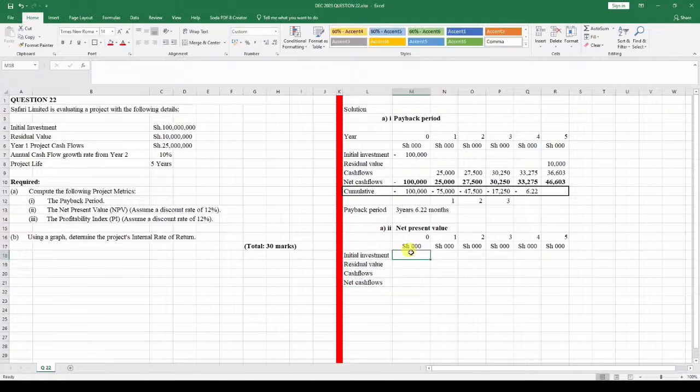So the initial investment, we just pick this from above here. And then the cash flows, we're just going to pick whatever we have right above here. So we're linking it like that. And these cash flows are the ones which we will need to discount.